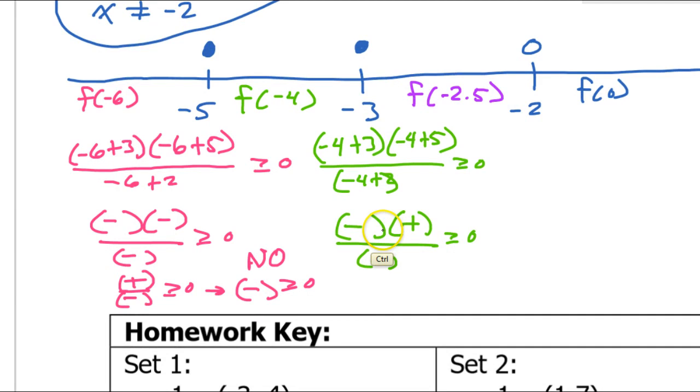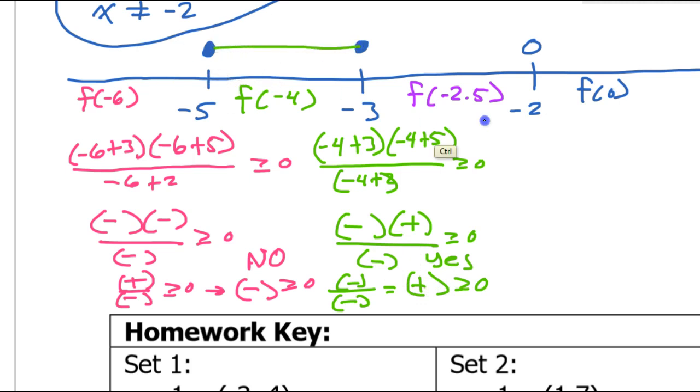Okay, so that's going to be a negative number divided by a negative number, which is a positive number. So that's a yes. Positive numbers are greater than or equal to 0. So I will have solutions in this interval.